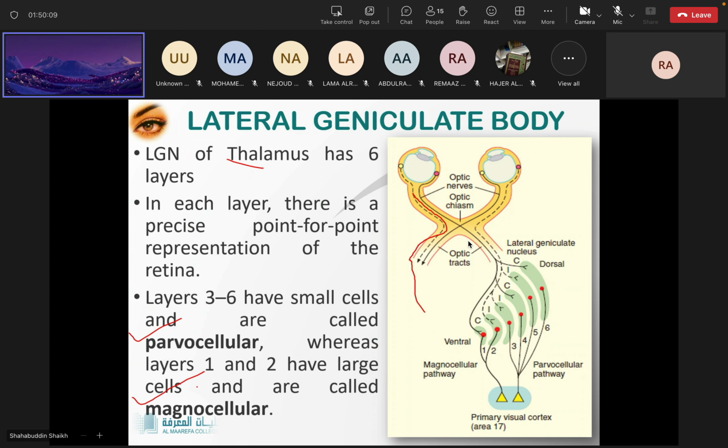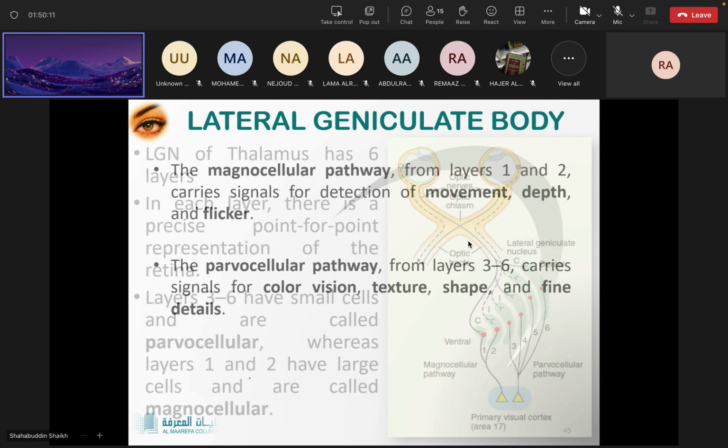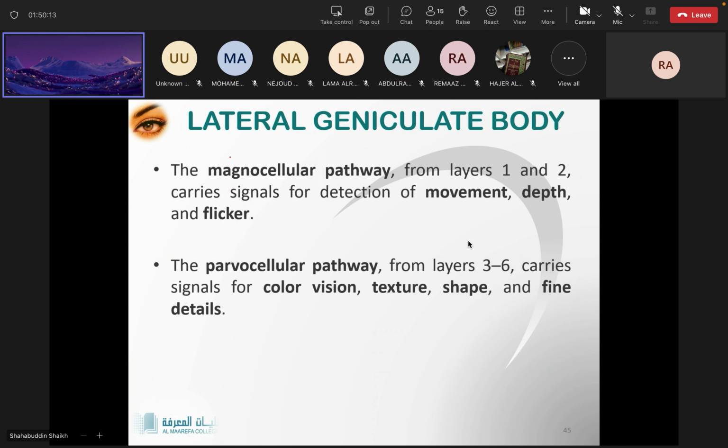For your exam, don't remember all these details. The only thing you have to remember is the function. Magnocells, the large cells, are fast. They are used for carrying information related to movement, depth, flicker or sudden change. Any sudden change in the visual atmosphere is detected by the magnocellular pathway.